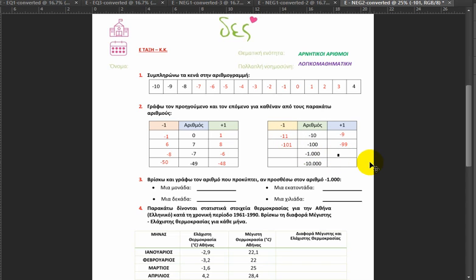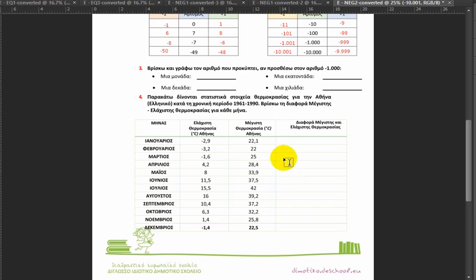Here we'll have minus 999, whereas here we'll have minus 1001. Here we'll have minus 9,999. Here we'll have minus 10,001. All right, let's move on.